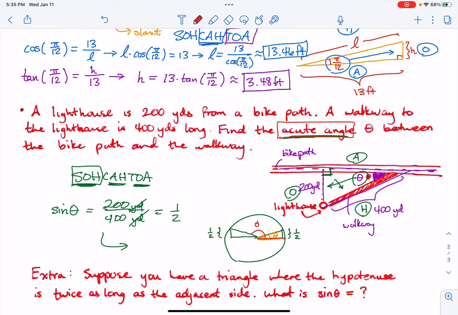So what is that angle? Again, this is just something you should know from the unit circle. That's theta equals 30 degrees, or you could say pi over 6 radians. And again, if you don't know that, you need to keep practicing, right?